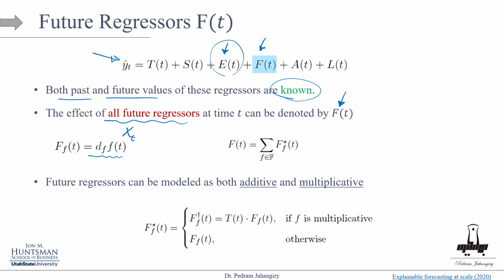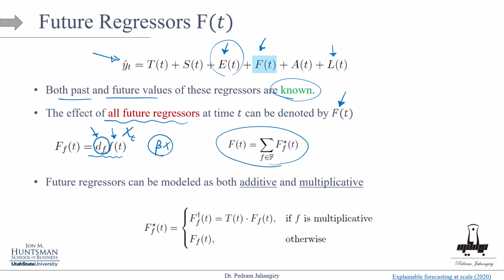So the difference between F and L in the previous slide is simply that we know the values of these things into the future. And you can think of these as betas, right? We have to remember there's a coefficient for your x, so this is what we're talking about. These small letter d f are the coefficients for your exogenous random variables that we know their values historically and into the future. And then obviously we can add them in an additive way like this.